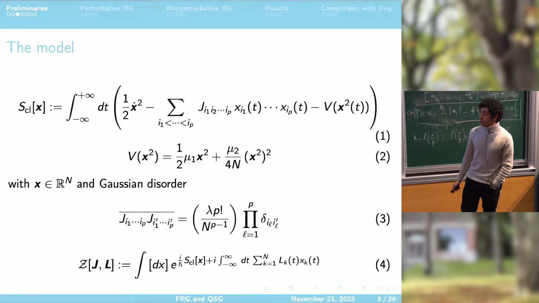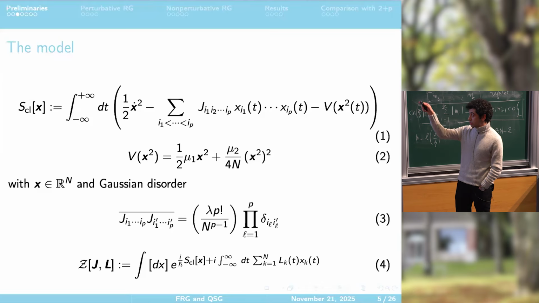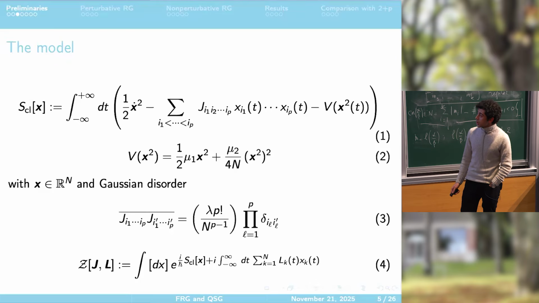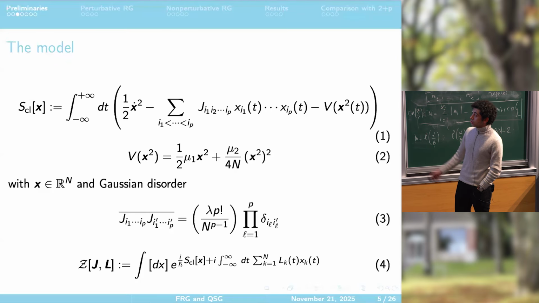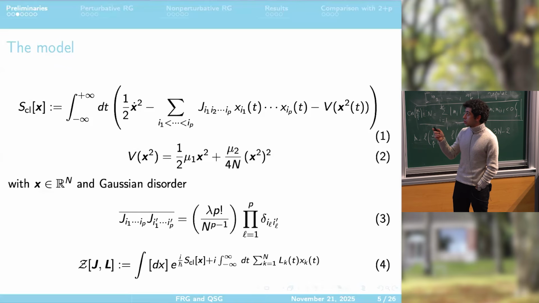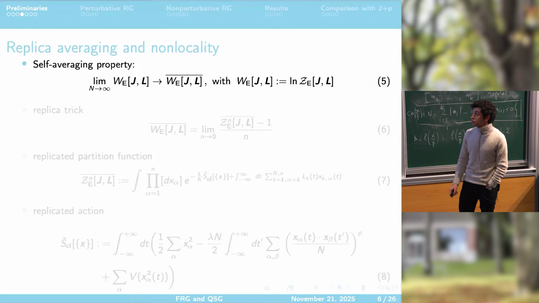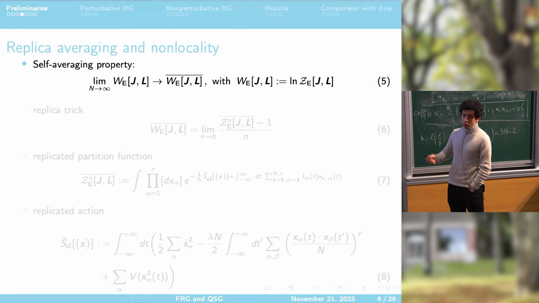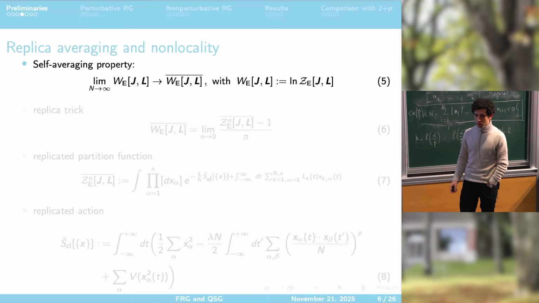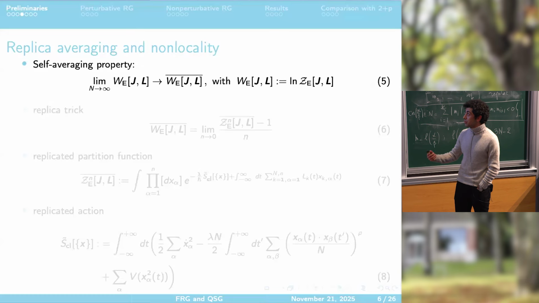And then we introduce our partition function, which is the path integral. dx in brackets is the path integral measure, and it's the path integral of the exponential of the classical action plus the coupling to some source that we introduce by L. Here, just the standard quantum field theory procedure. And then we do a Wick rotation, going to imaginary time.